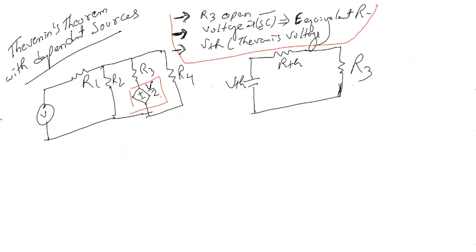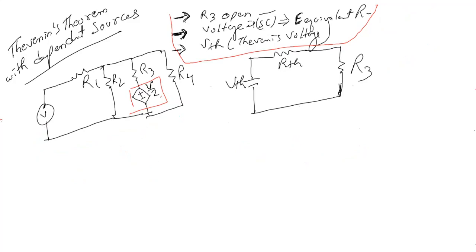The reason is that an ideal voltage source has zero resistance, whereas an ideal current source has infinite resistance.